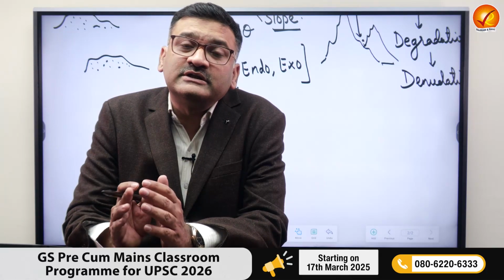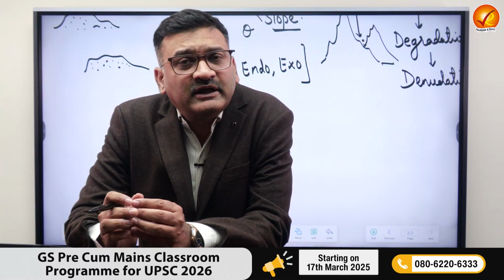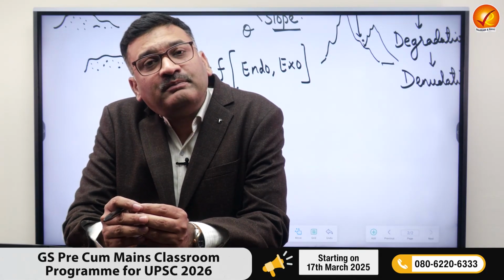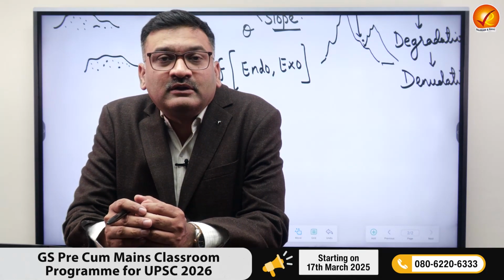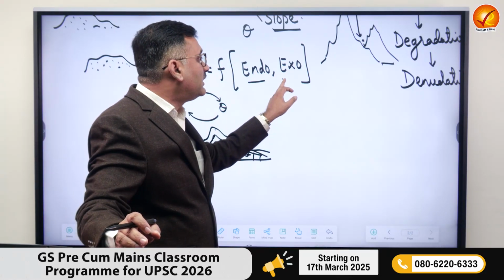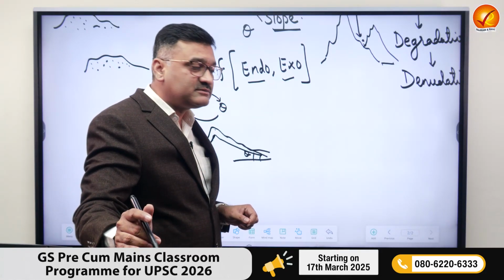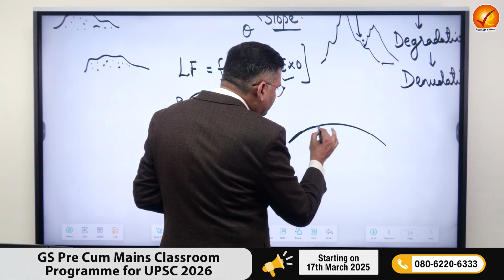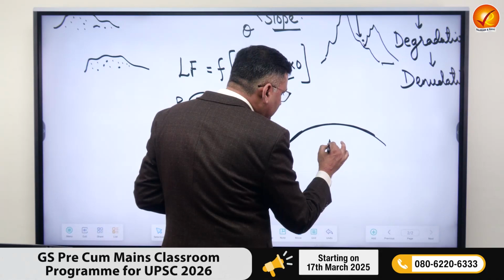And what causes this complexity? We get one basic and simple principle that defines the complexity of any landform. That is, landform is a function of endogenic and exogenic forces. Suppose you consider this is the surface of the earth. Now, what is operating from the interior of the earth?